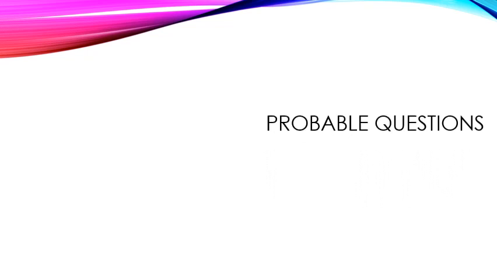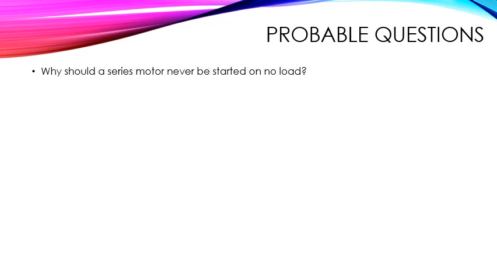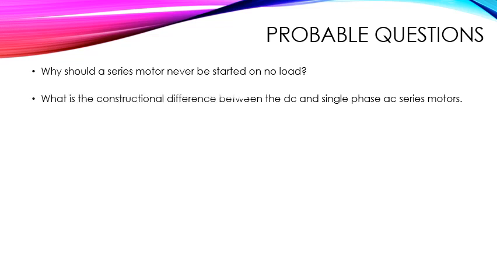Now, probable questions that may be asked. First, for the AC series motor: why should a series motor never be started on no load? I think we have studied this in electrical machines while studying the DC series motor.